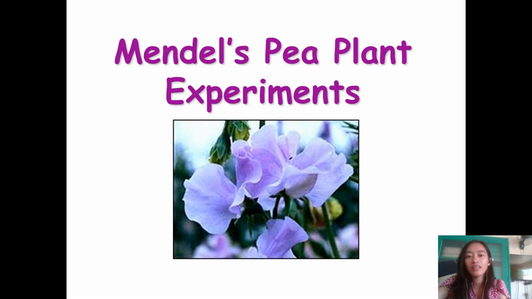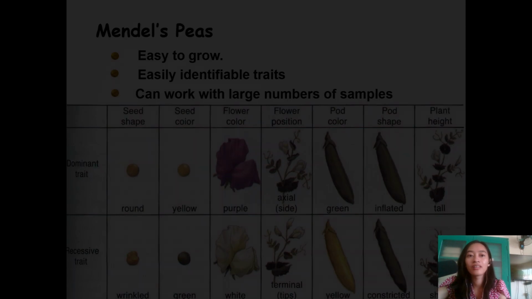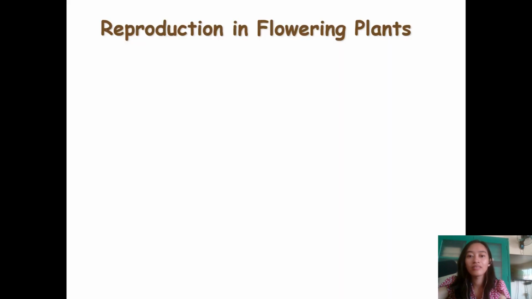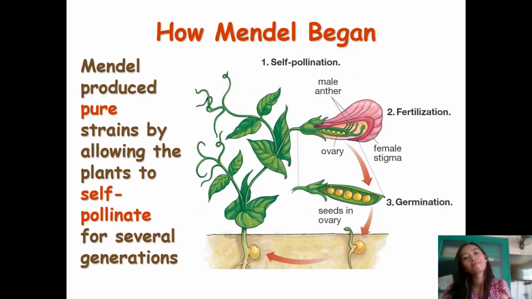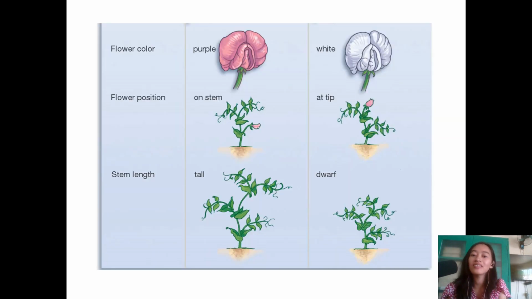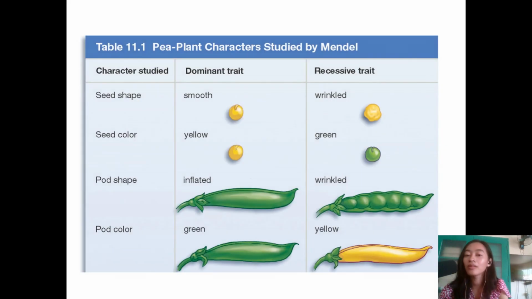So this time, let's try to actually use them through a Punnett square. We had this one already. There are 7 characteristics that were observed by Mendel in his study of the peas, and he noticed that there were dominant traits and recessive traits.